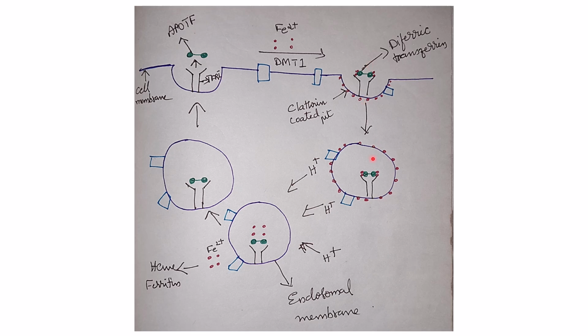Now these clathrin coated vesicles will lose the clathrin coat. How? Because there will be a reduction in the pH in the interior of this endosome because of the presence of proton pumps. These proton pumps will inject H+ ions into this endosome, and when there is a reduction in the pH, the clathrin coat will be lost.